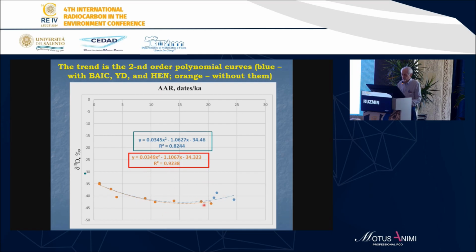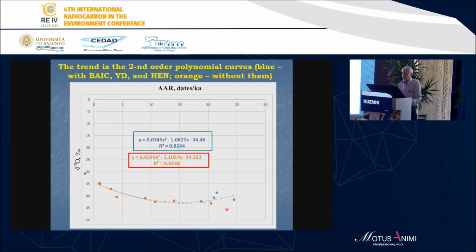But if you project this trend further, this blue stuff will still be on the same line or so. So they're not real outliers. But still, we did two kinds of analysis.